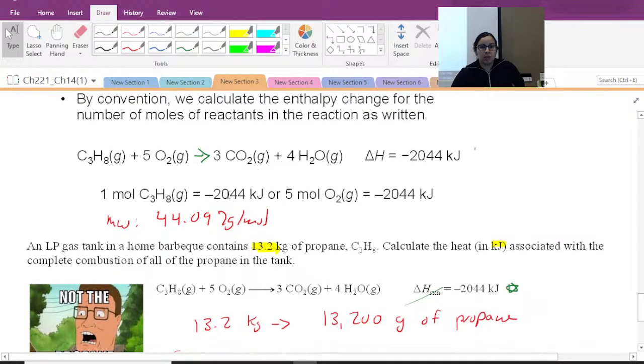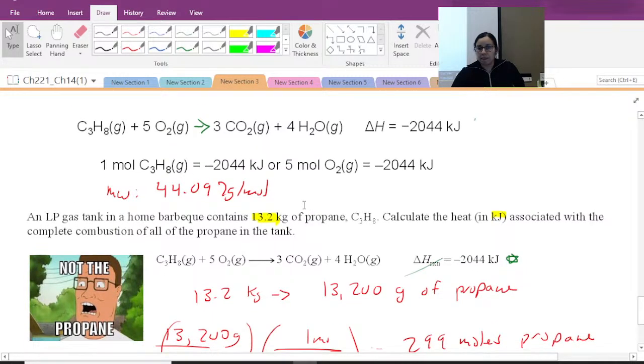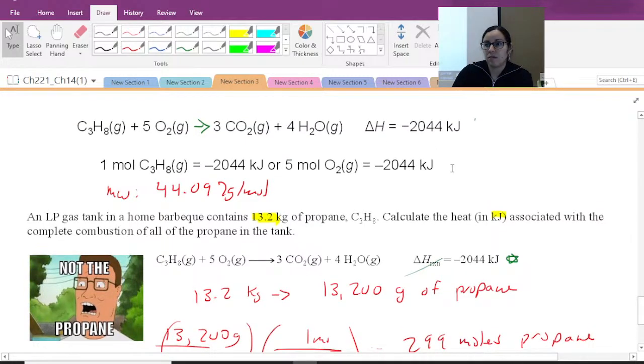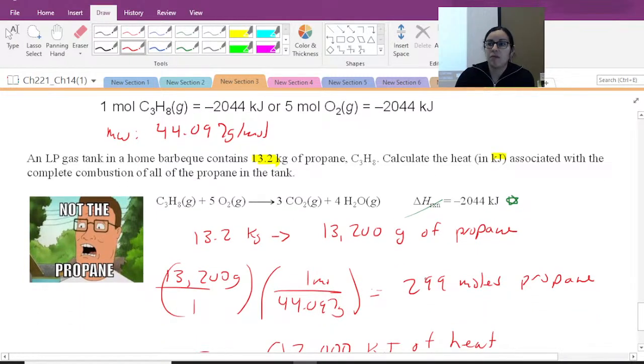So you've got 299 moles, multiply that by that kilojoules per 1 mole. So does that make sense? 1 mole of the propane gives you negative 2,044 kilojoules. So then you would just multiply that by however many moles of propane you have? Yeah. Okay. Yeah, now it makes sense.